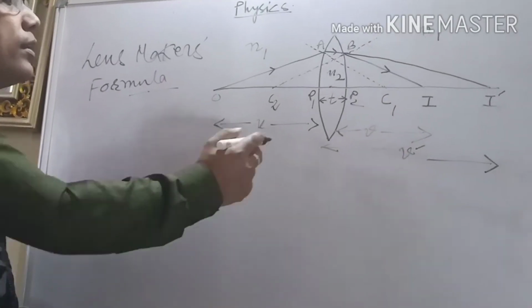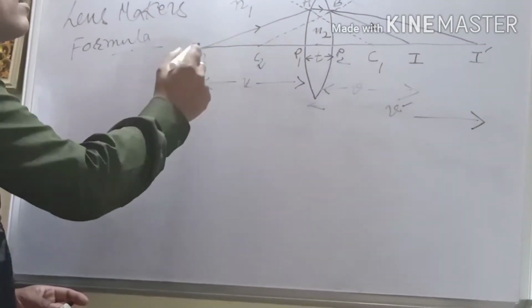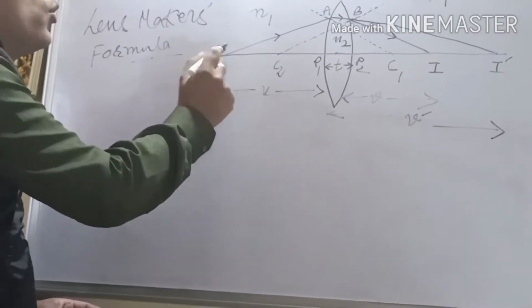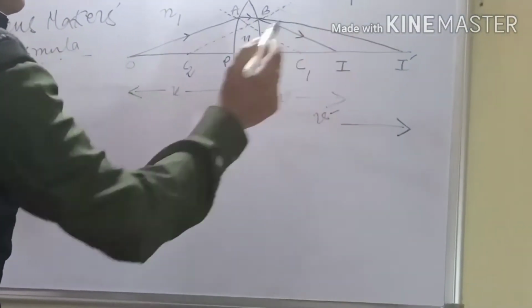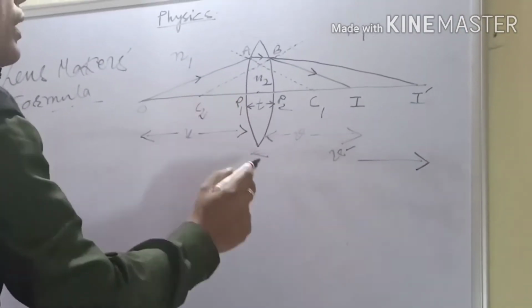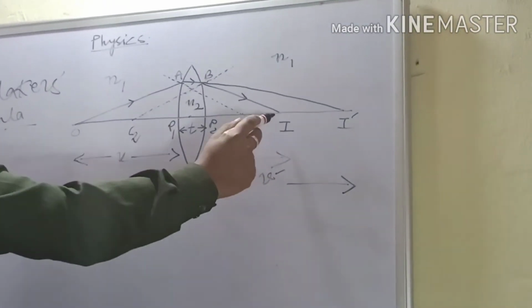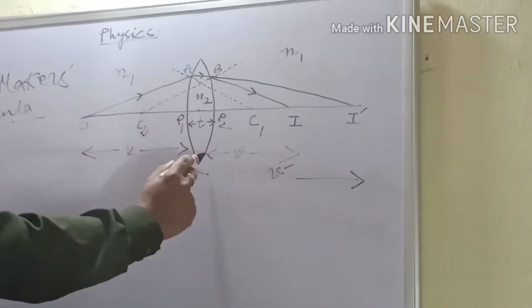So the object distance, the distance of the object at O from P1, is U, the distance of I dashed from P1 is V dashed, and the distance of I from P2 is V.